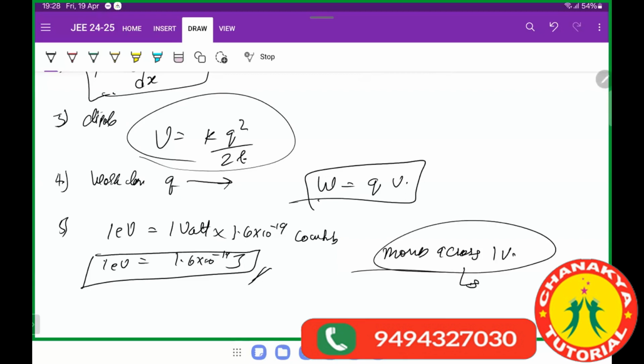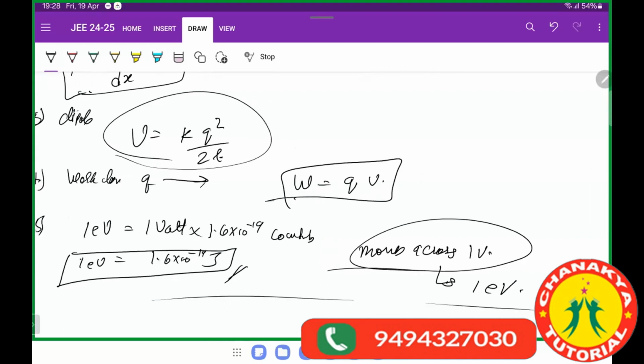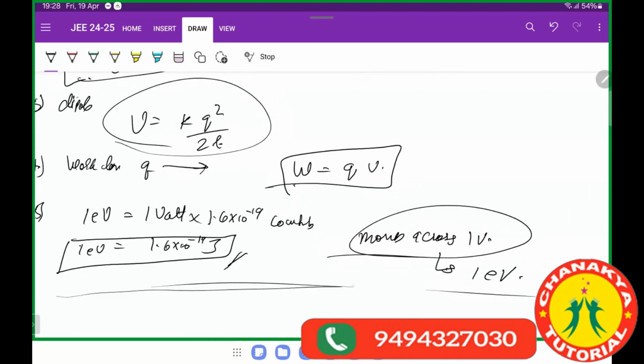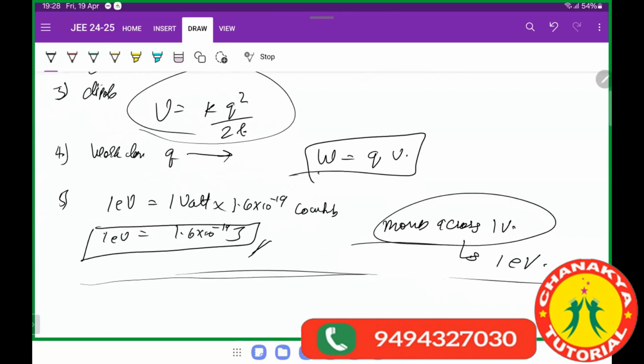That is 1 eV. Just for understanding, they might ask this, but we should know the meaning so that we can apply it wherever required. This is the most important conversion. Put a star mark and memorize it. I'll ask you anyway.